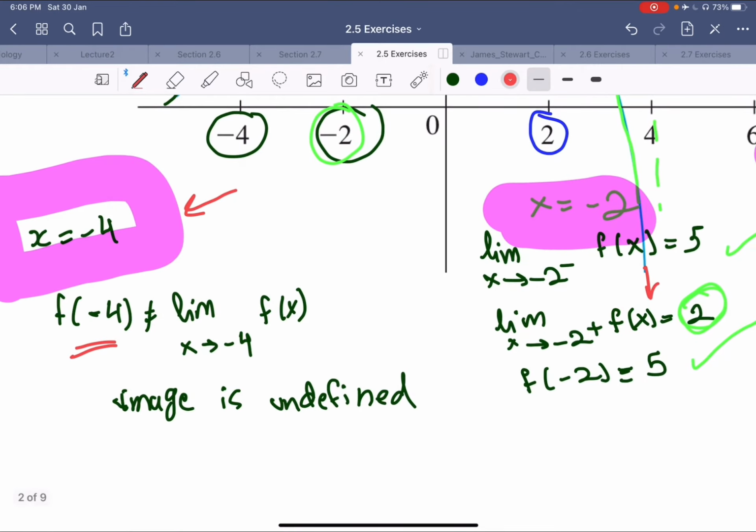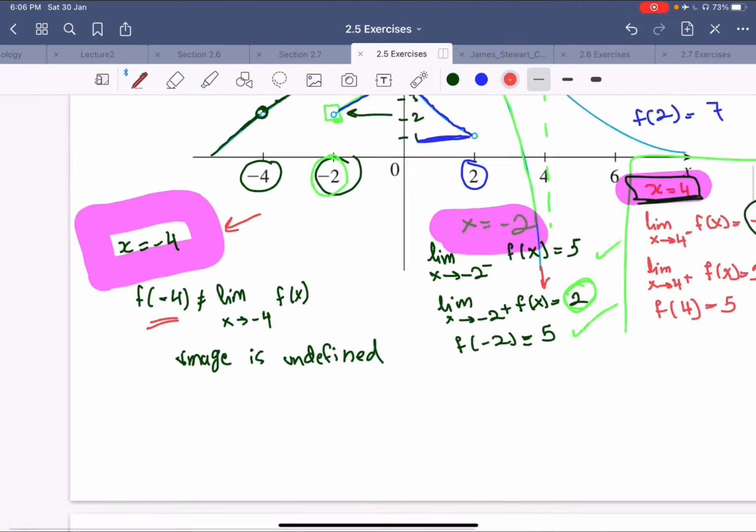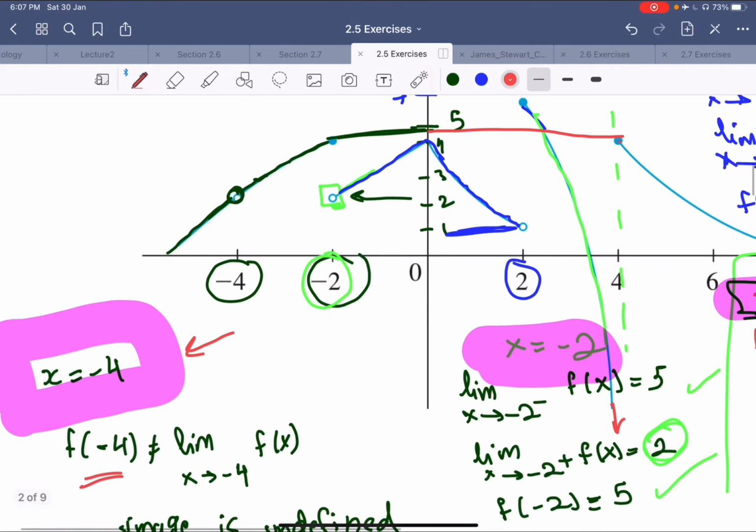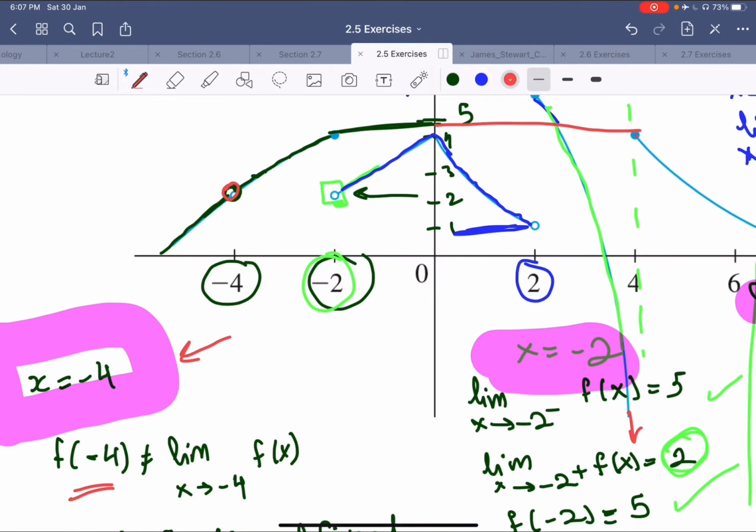It's discontinuous from both sides because the image is not available. So the main point here is that the image must exist, then we see whether the limit from the right or from the left is the same as the image. So here for part B we say neither: it is not continuous from either side with the image, because there is no image here at negative 4.